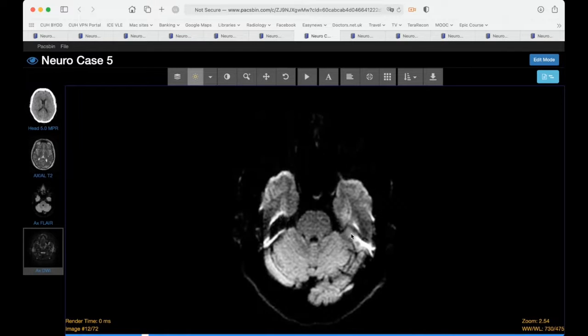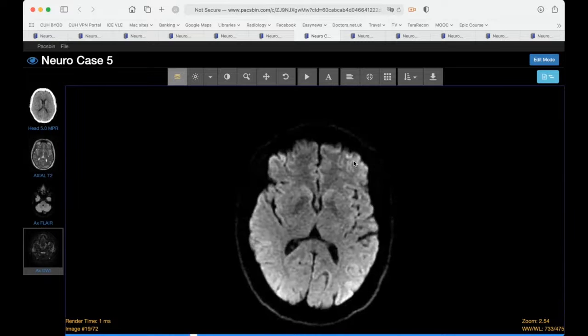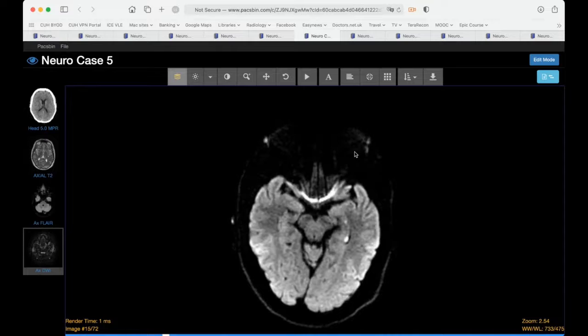Just let me window that a little bit better for you. Okay, and on diffusion-weighted imaging, you can see maybe a couple of small foci of restricted diffusion. So what do you think we should do for this patient?